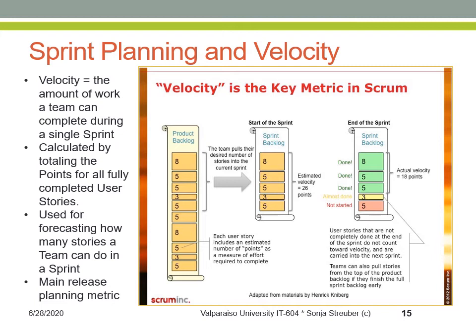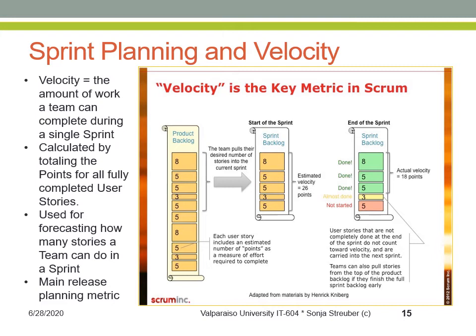The velocity of a sprint, which is essentially the speed and the quality with which the technical staff can get the work done that was planned at the beginning of the sprint, then determines how many story points are being assigned to the next sprint.